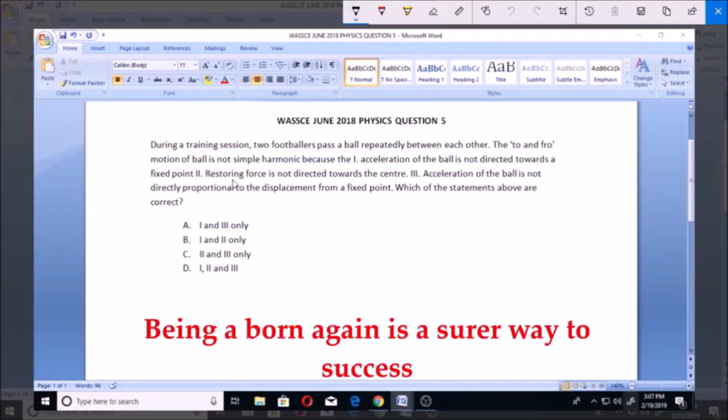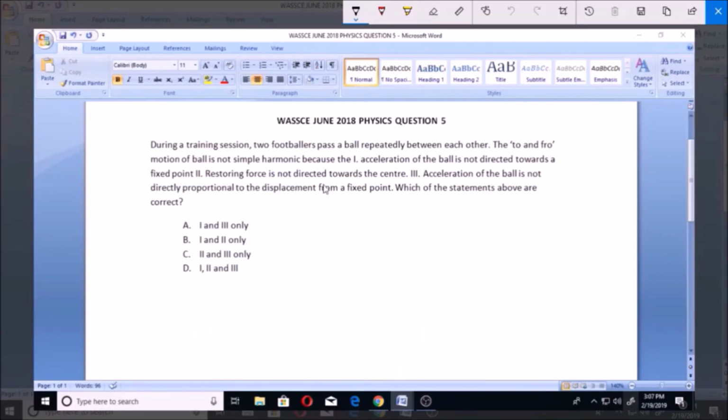II. Restoring force is not directed towards the center. III. Acceleration of the ball is not directly proportional to the displacement from a fixed point. Which of the statements above are correct?